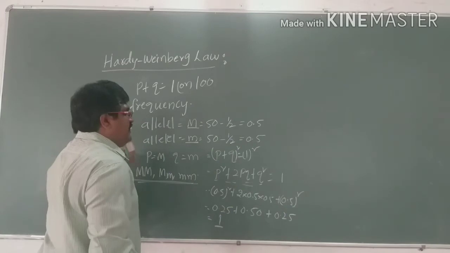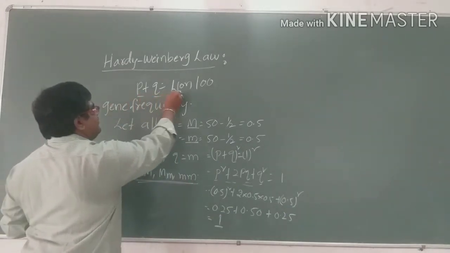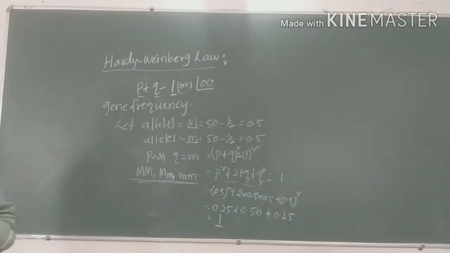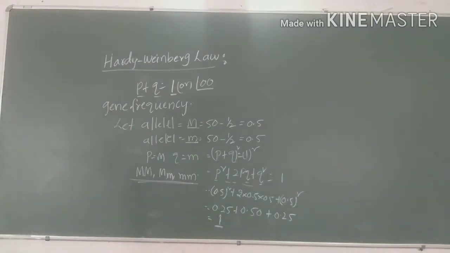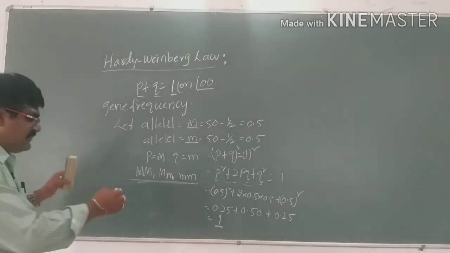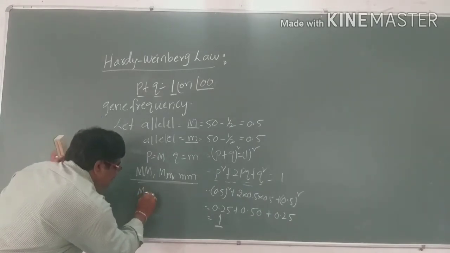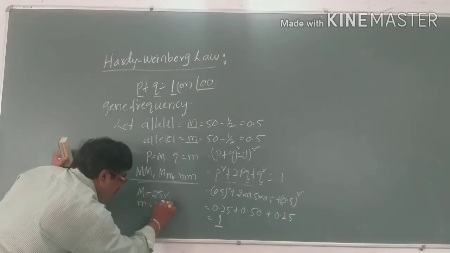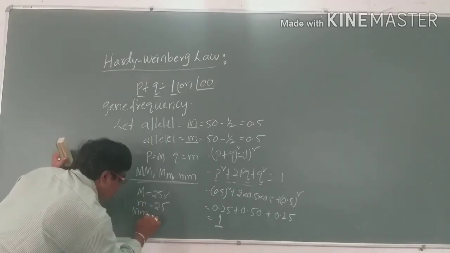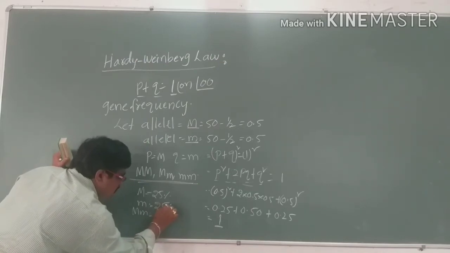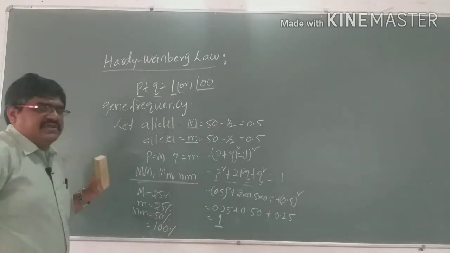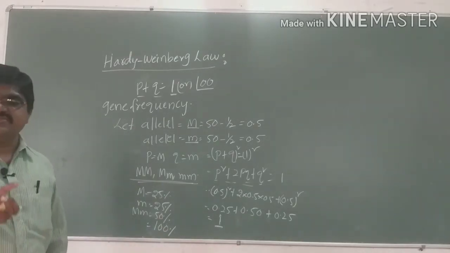That means p square plus 2pq plus q square is equal to 1 or 100%. That means the capital M capital M percentage is 25%, the small m small m percentage is 25%, and the capital M small m percentage is 50%. So overall we get 100%, which is equal to the ratio 1.